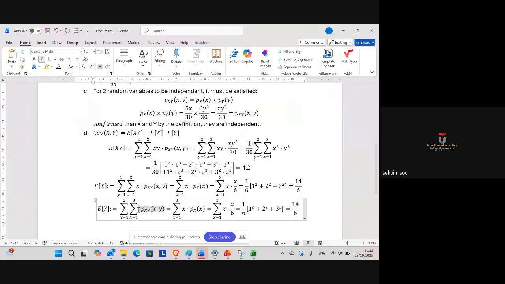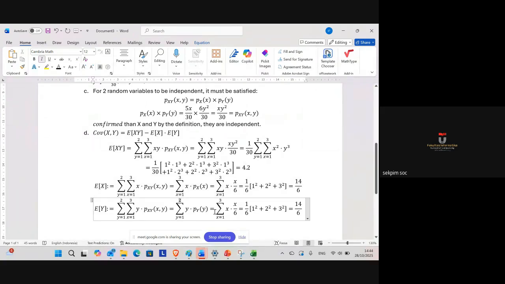You will get this for y, right? And you can simply calculate the expectation of y depending only on the marginal function of y here, and don't forget to multiply by y, and this is the sum for y equal to 1 to 2.